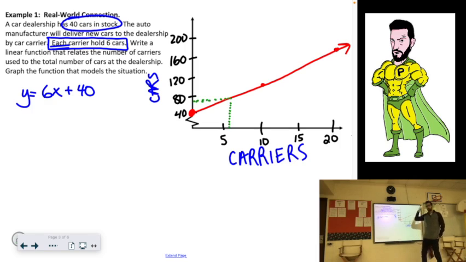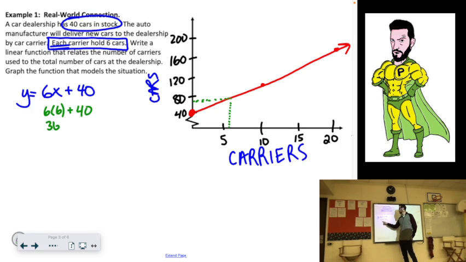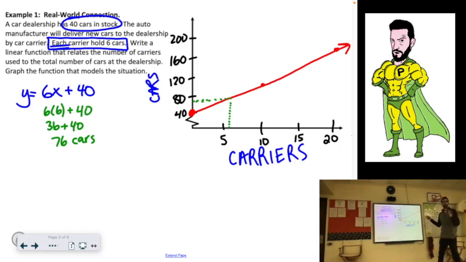And that would give you a general answer. Now if it was scaled perfectly, you could get an exact amount. But honestly, the easier way to do it, if they were like, how many cars for 6, is to just substitute that in and solve it, which would give you 36 plus 40, which means you'd have 76 cars if there were 6 carriers that delivered cars. Great, we got one done.